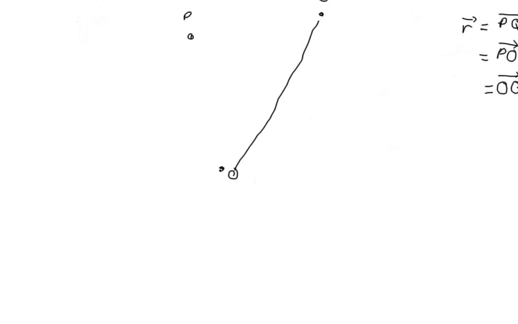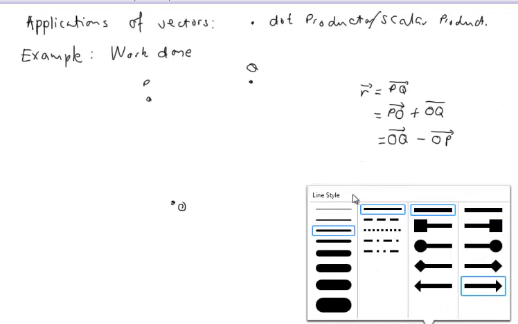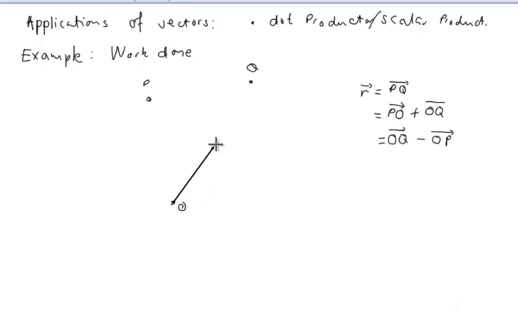This is very ugly. Very, very ugly. Let's do it this way. That's the vector OQ. And then that's the vector OP, which I'm talking about, isn't it?